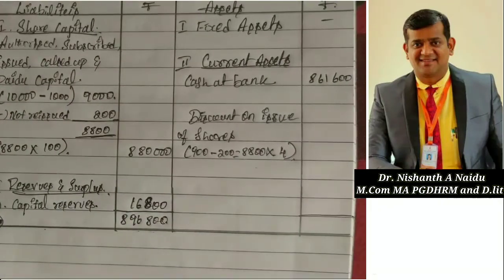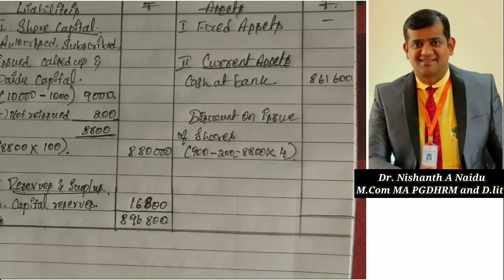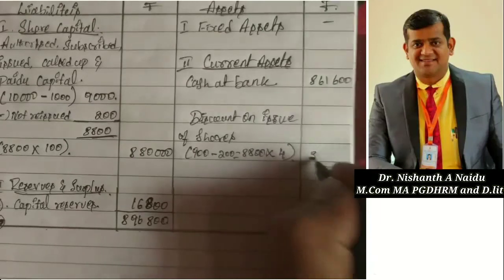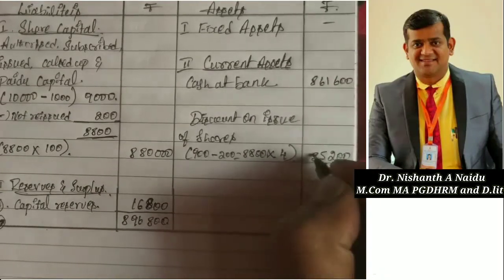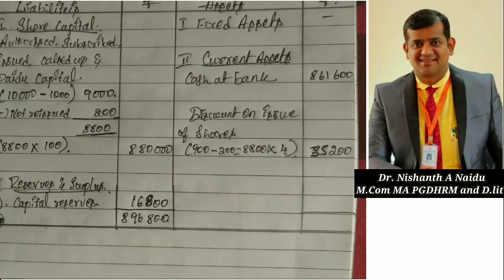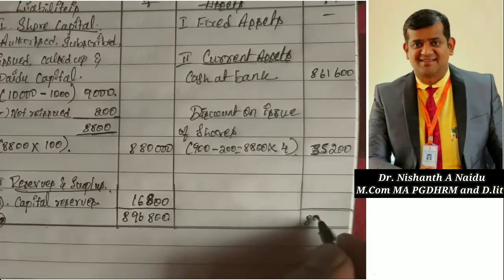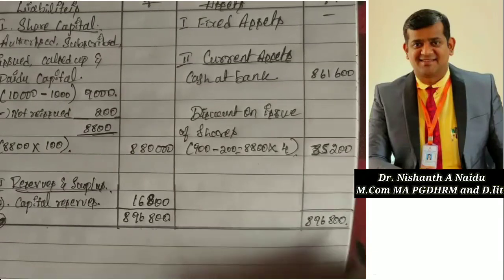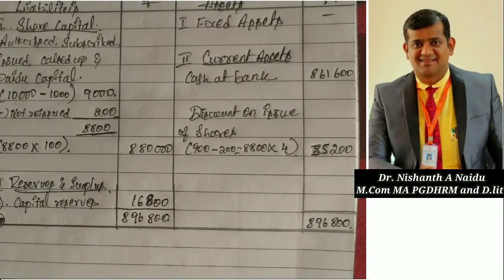So now calculate 8,800 into 4 rupees, that is 35,200. Okay, so now add 35,200 plus 8,61,600. Put together, 8,96,800 is the total, 8,96,800 on both sides. So we are done with illustration number 22.